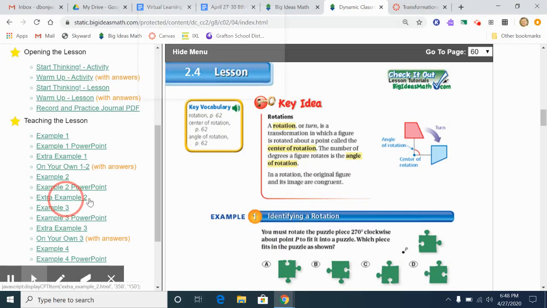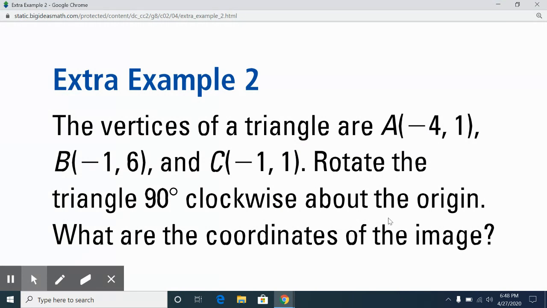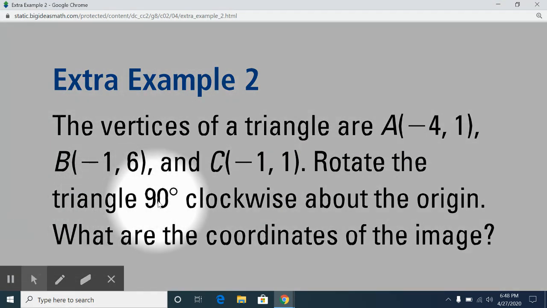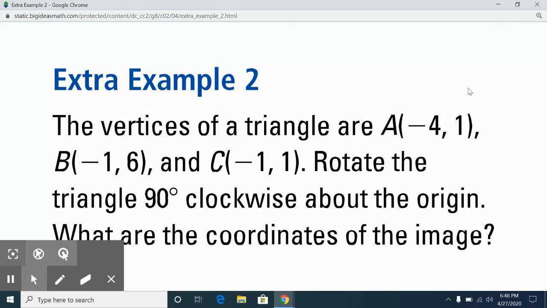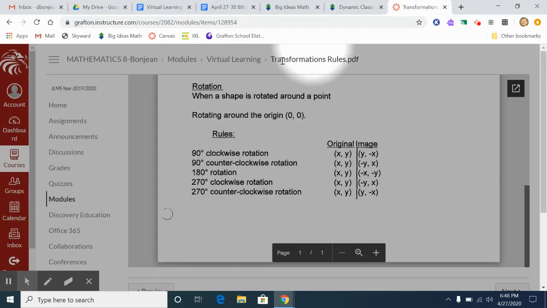Now if we look at a 90-degree rotation, for example, now they're asking us to rotate the triangle 90 degrees clockwise about the origin. Here's what we're going to do. Let's go back to that rule sheet and look at a 90-degree clockwise rotation.